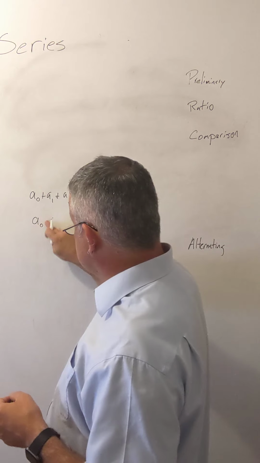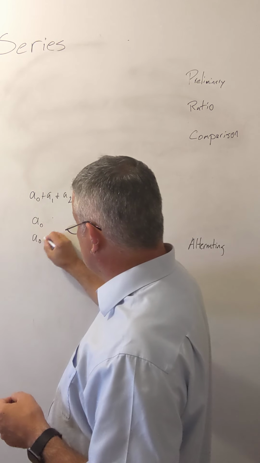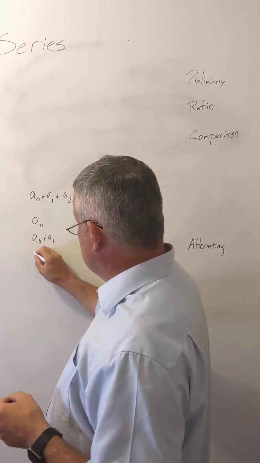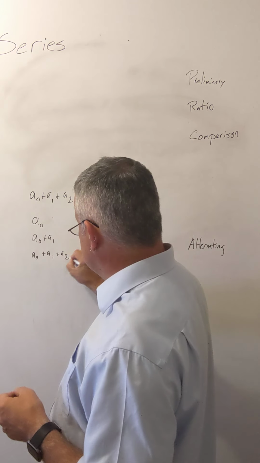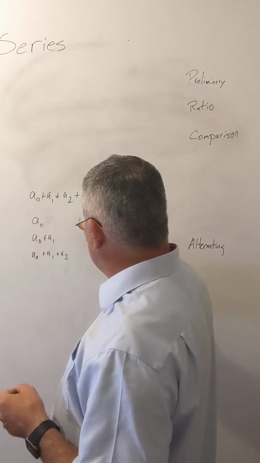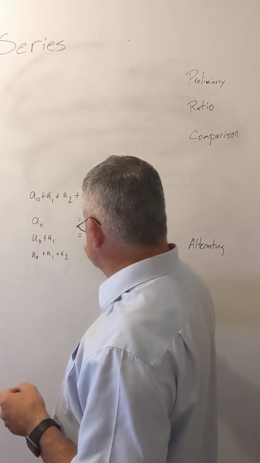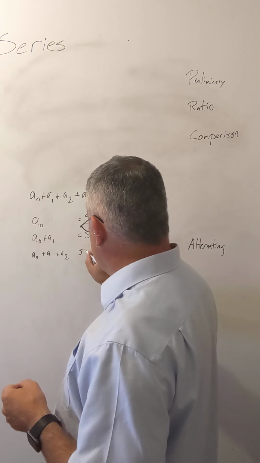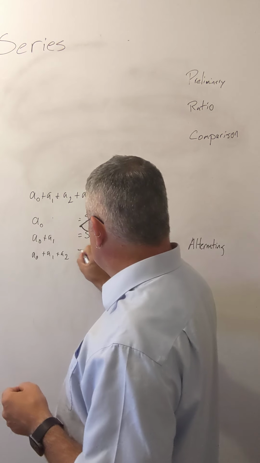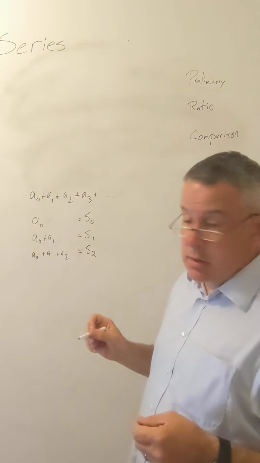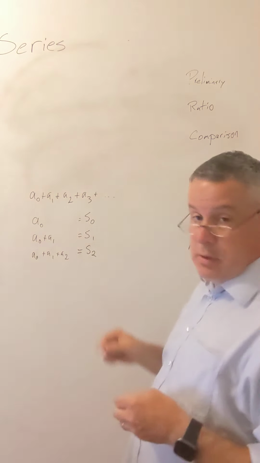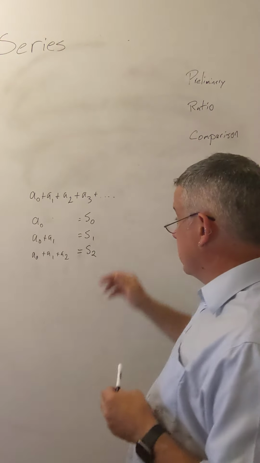So first A0, then A0 plus A1, A0 plus A1 plus A2, and we could call these partial sums. We could make those an ordered list, and that ordered list would indeed be a sequence: S0, S1, S2, and so on.